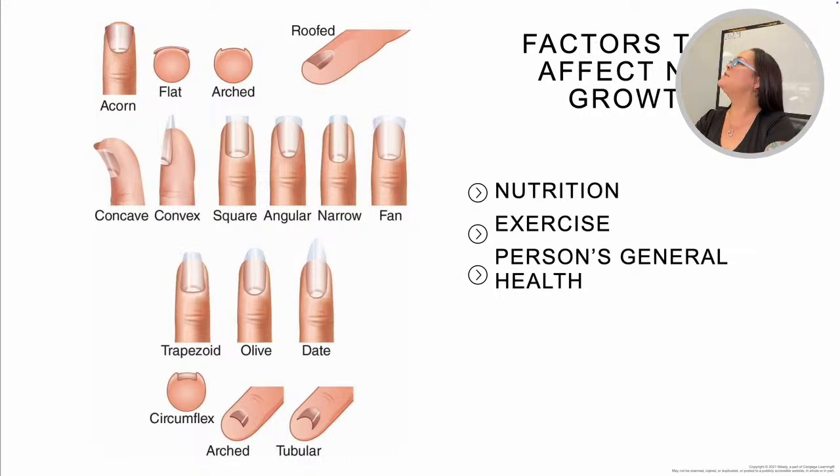I don't know exactly the science behind it, but there's a flat nail versus a concave nail versus a convex nail. Anybody see their nail shape up there if you got a weird looking nail? I know my sister has those concave nails. I hate them. They go whoop and fan out. Almost impossible. Every time she wears tips, her nails always go up like this, and it's not very attractive.